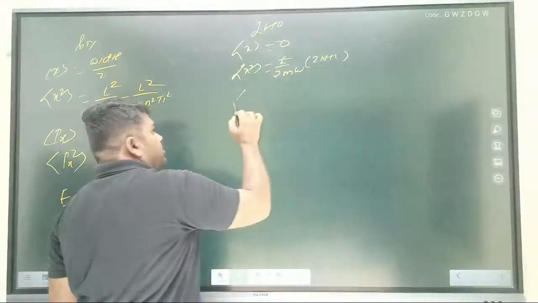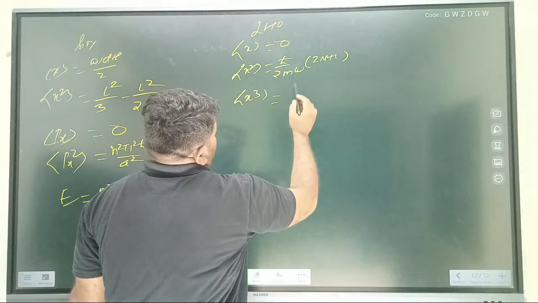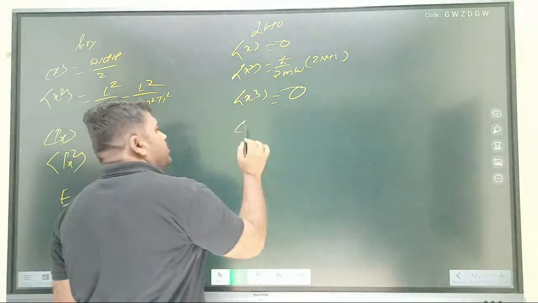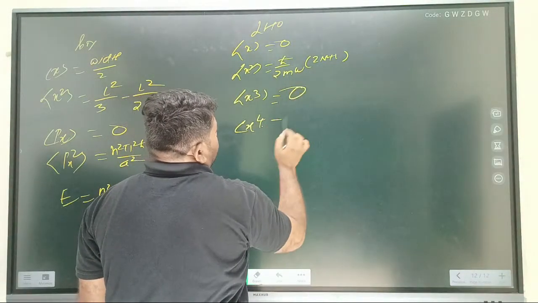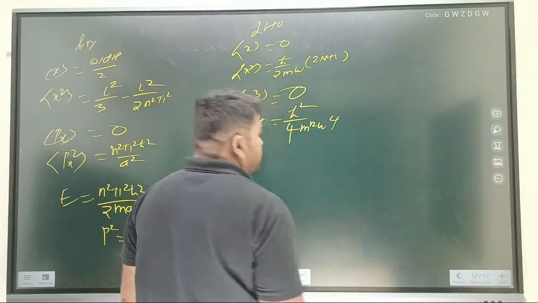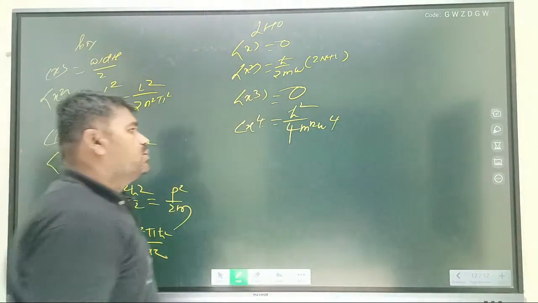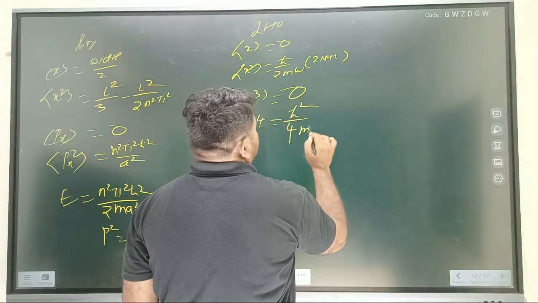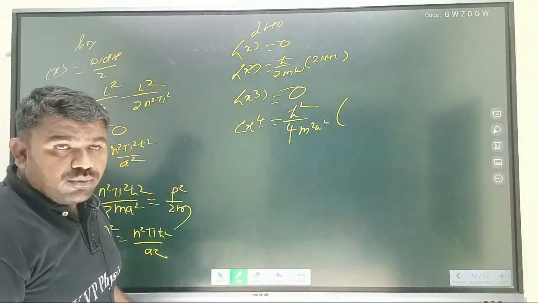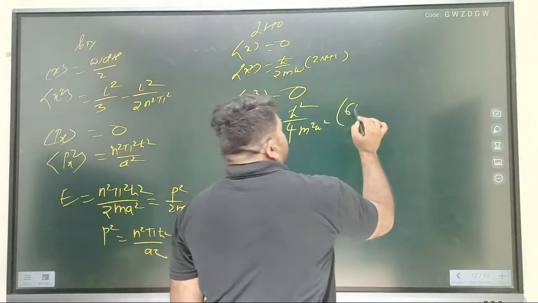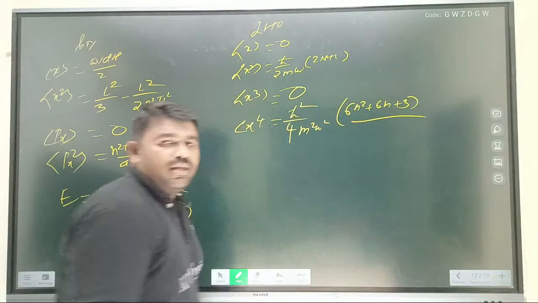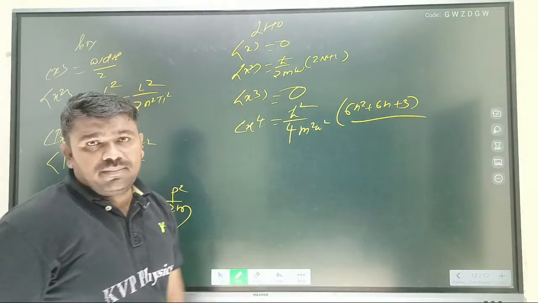Expectation of x to the power 3 is 0. Then x to the power 4: first order correction to the ground state needs x to the power 4, so we get h cross square upon 4 m square omega square. The calculation with the bracket a plus a dagger to the power 4 is directly to memorize: 6n square plus 6n plus 3. Don't solve it now, directly memorize 6n square plus 6n plus 3. Clear?